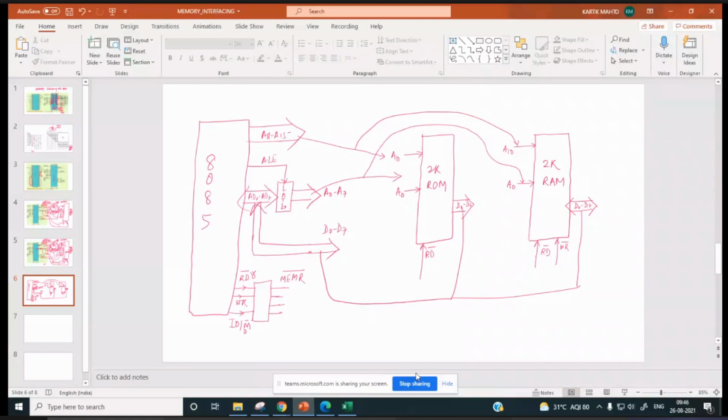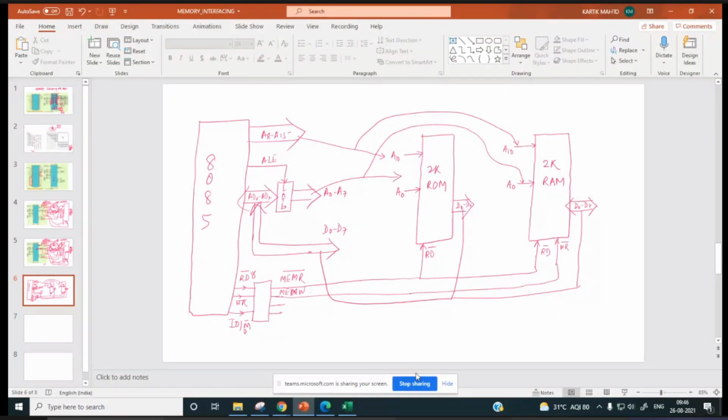So memory read will go to this, and memory read will go to this. Next pin is MEMW, memory write. So this will go to this pin.